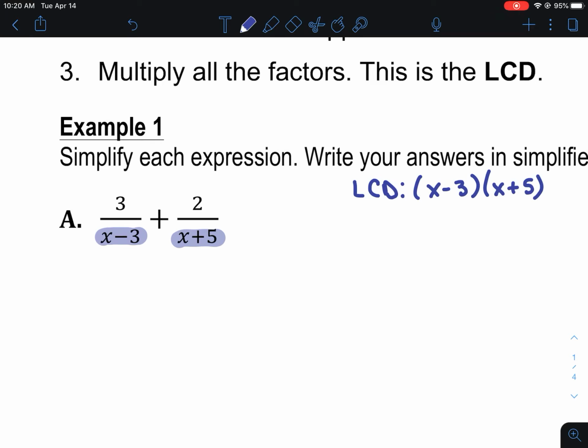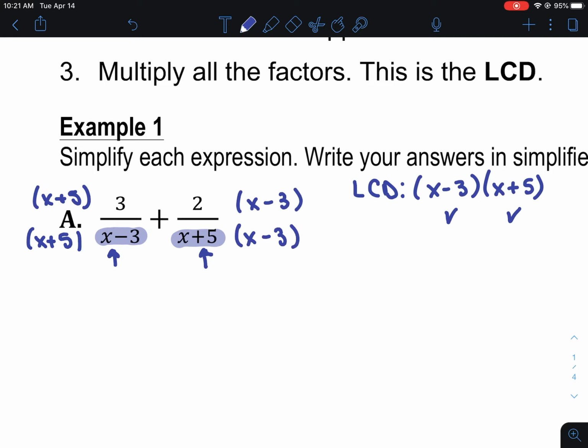This one has an x minus 3, so it needs an x plus 5. Remember, when you multiply with fractions, if you change the bottom, you have to also multiply the top. This has an x plus 5, so it needs x minus 3. Whatever I do to the bottom, I also have to do to the top. Both pieces need both factors.